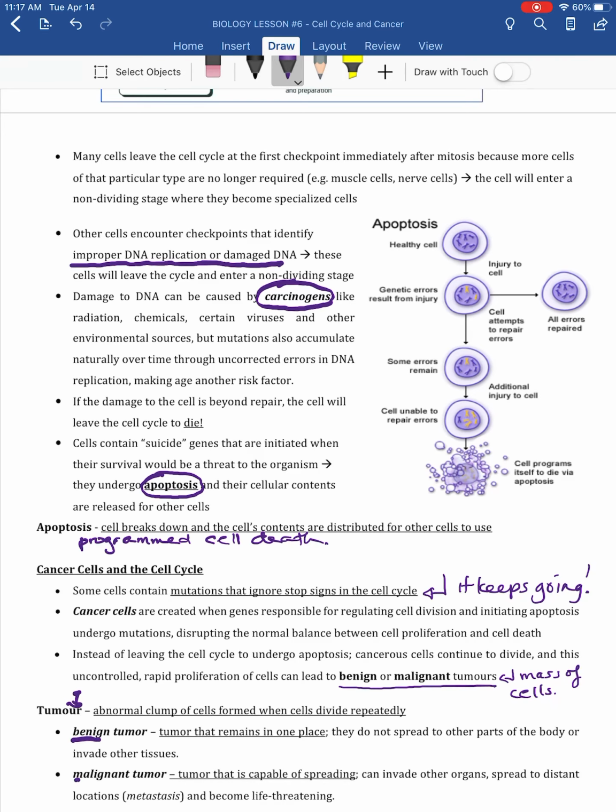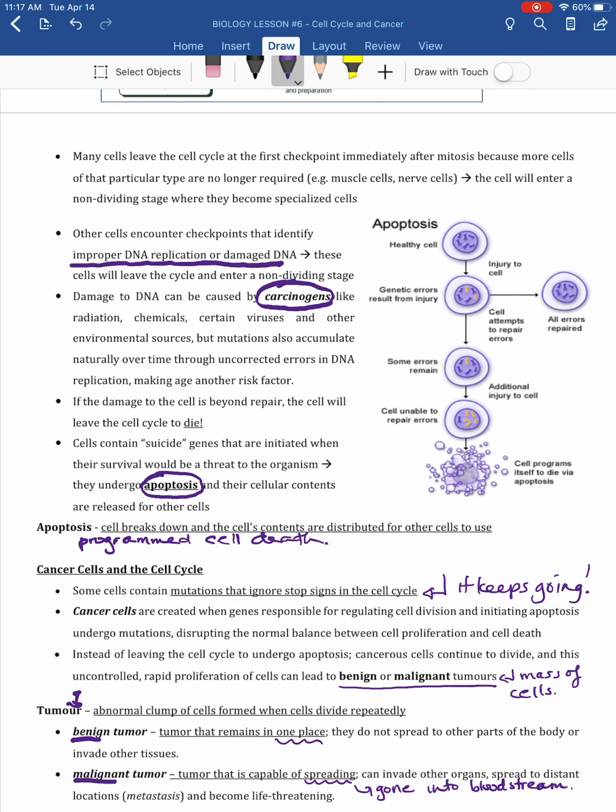So you can have two types of tumor. The benign tumor stays in one place. It has not moved. And then you've got the malignant tumor, and that malignant tumor is able to spread because it's gone into the bloodstream.